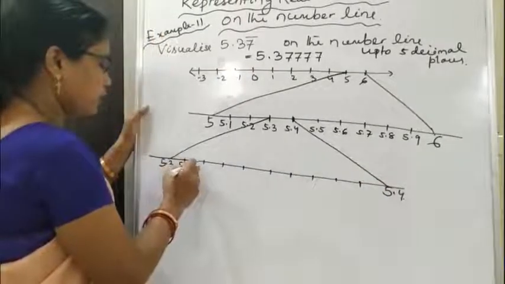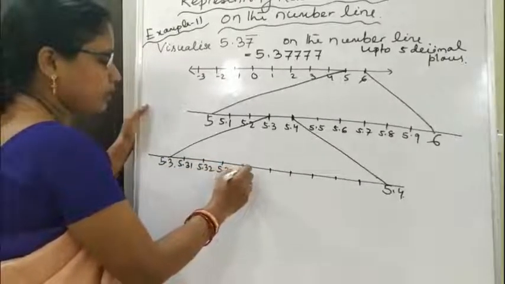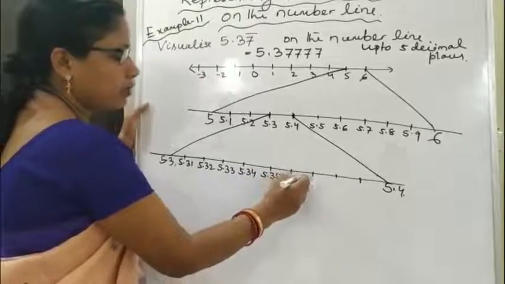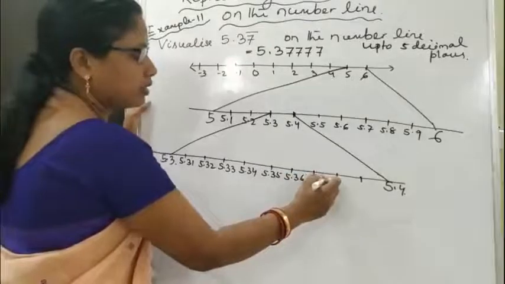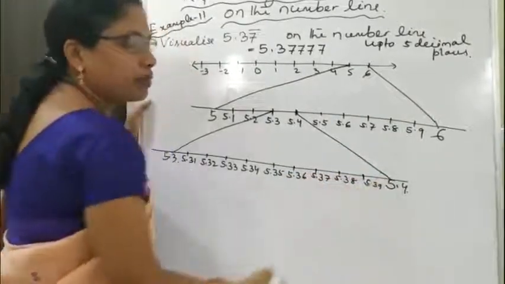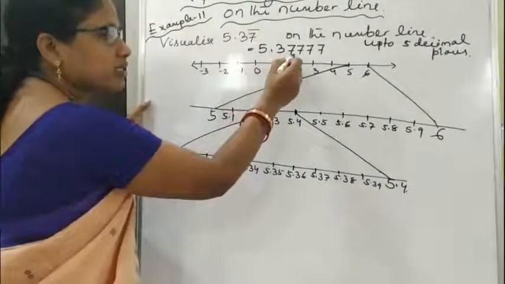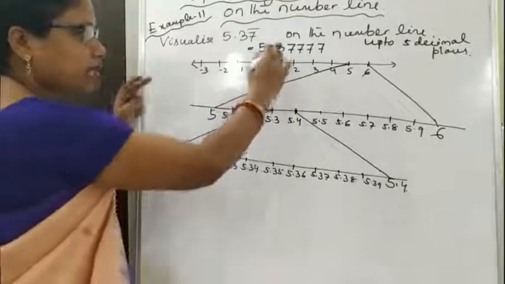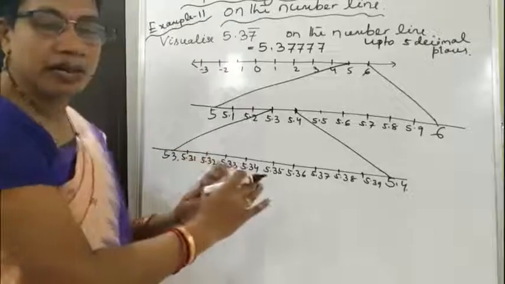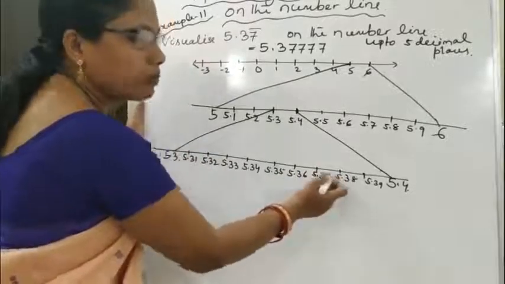So this is 5.31, 5.32, 5.33, 5.34, 5.35, 5.36, 5.37, 5.38, 5.39, then 5.4. Again for this decimal number 5.37777, the next place is 7. So it will lie between 5.37 and 5.38.